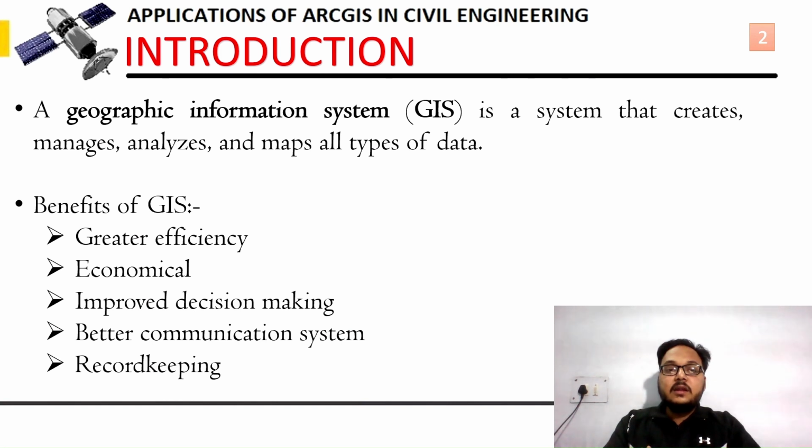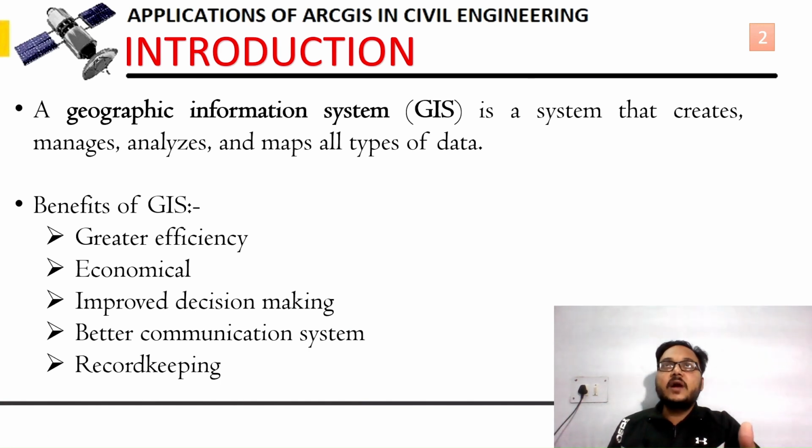But that will be a bit tedious process, as we have to involve ourselves in the field. Whereas when you are using GIS, you need not go into the field. We can work with it in our office, in our system, and thus we can show greater efficiency, as we can work on everything in it.